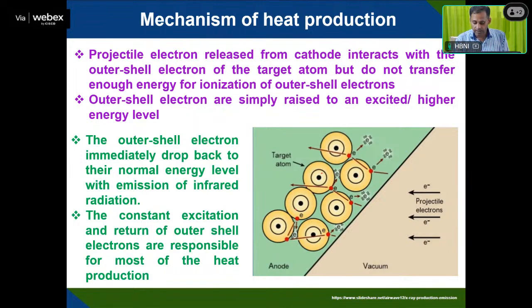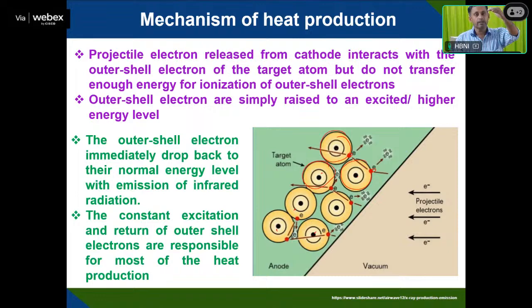You see, these are the target atoms here, and each target atom has some electrons. The incoming projectile electron first interacts with these electrons, and because of this interaction the outer shell electron goes to an excited state.